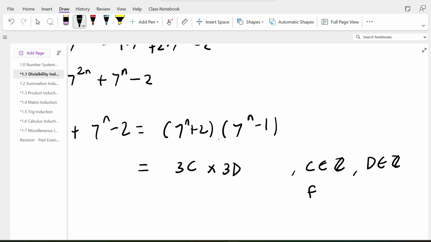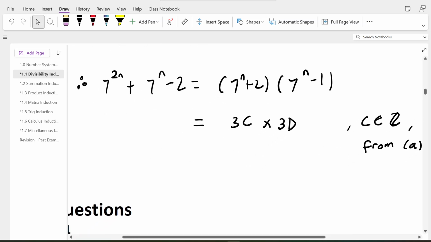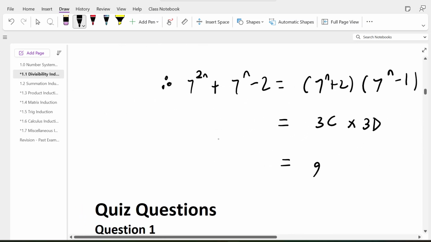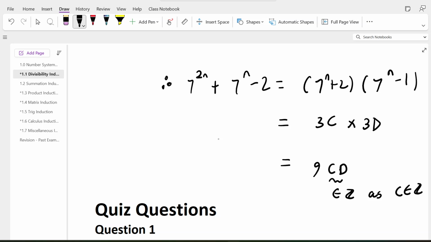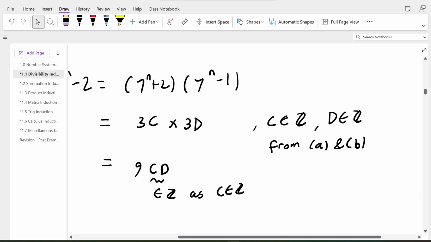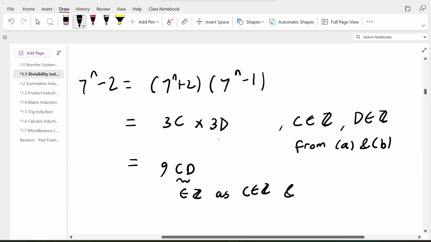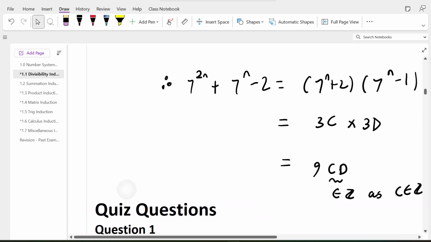And then this actually comes from A and B there. Okay, 3 times 3 is 9. So this is 9cd. And then this thing is a whole number too, as c is a whole number and d is a whole number.